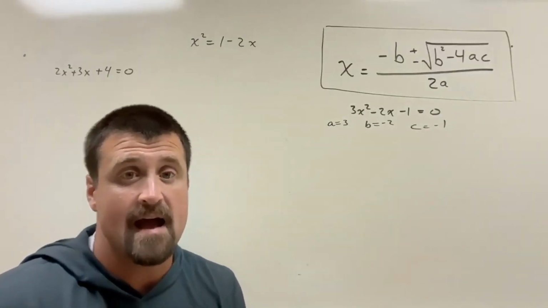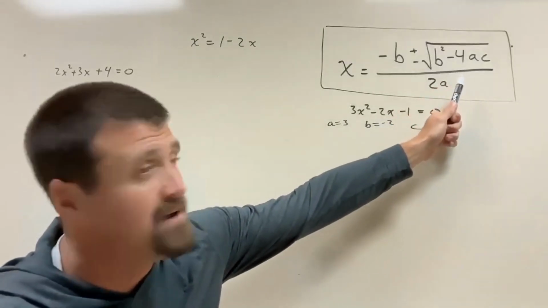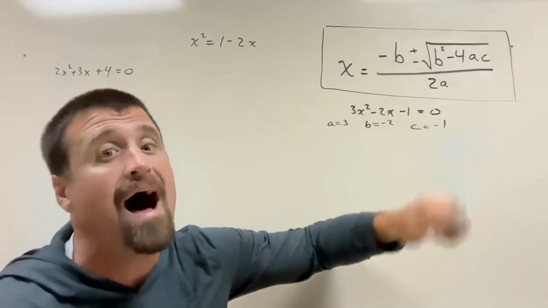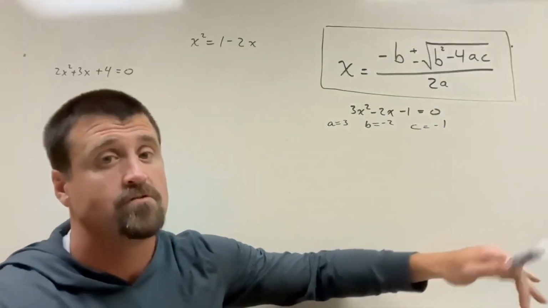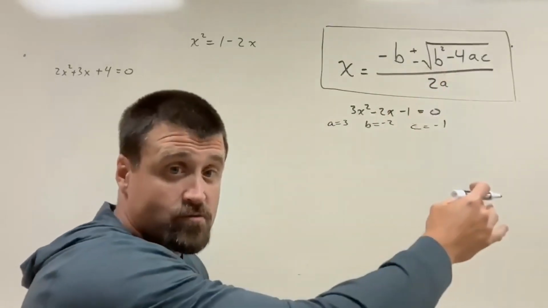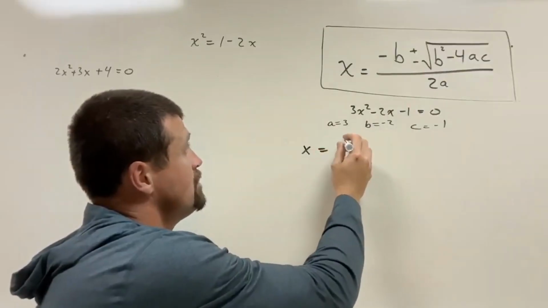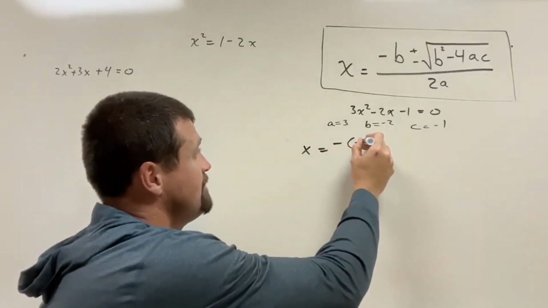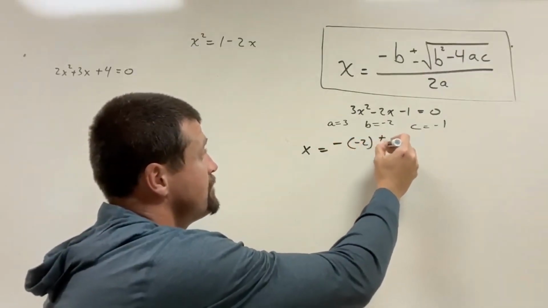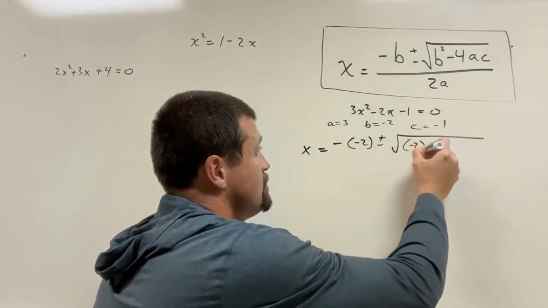Okay? Now, when I do this, I don't do any simplification while I'm substituting. Two separate steps. So the first thing I do is just replace those letters with parentheses and go x equals -2 plus or minus the square root -2 squared.